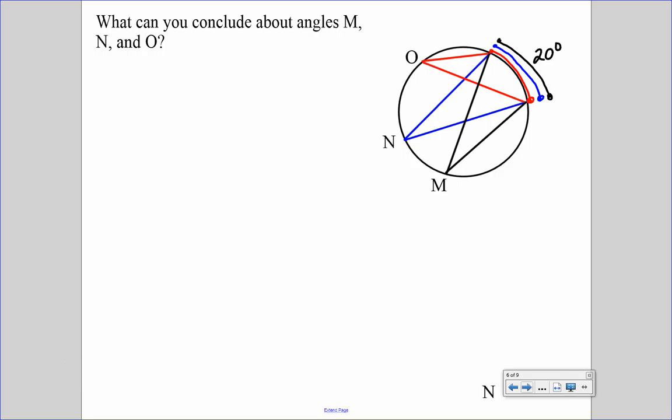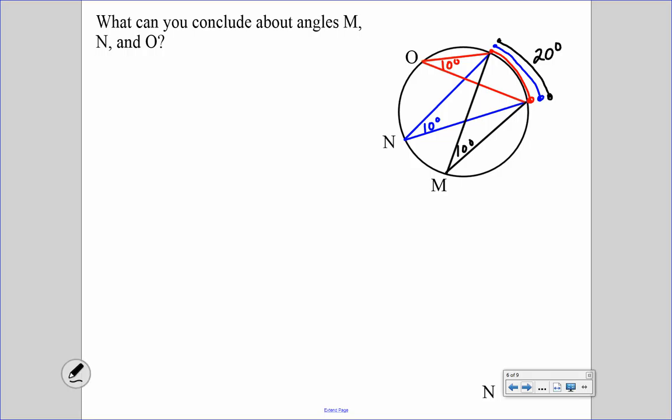To get its angle, we divide by 2, and we get 10 degrees. So if the red arc is 20, the red angle is 10. If the blue arc is 20, the blue angle is 10. And if the black arc is 20, then the black angle is 10.